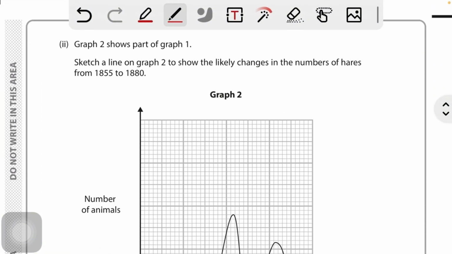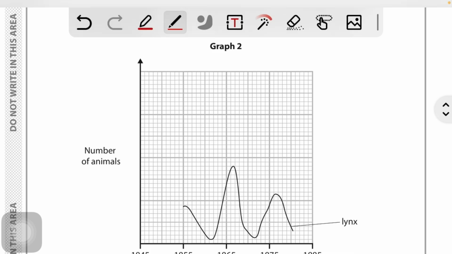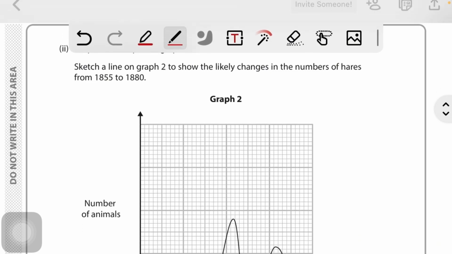Now let's move on to the next question. Graph 2 shows part of graph 1. Sketch a line on graph 2 to show the likely changes in the number of hares from 1855 to 1880.